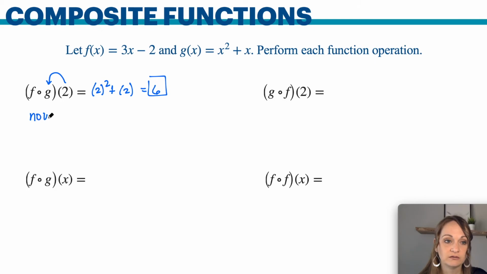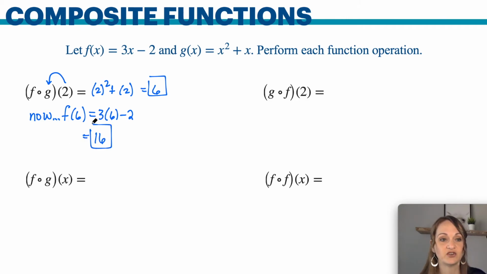So now, what is f of 6? Again, you're not doing f of 2, you're doing f of your output. You inputted the number 2 and you got 6. That is what gets put into f. So plug 6 into f: 3 times 6 is 18, and 18 minus 2 is 16. So that is your answer. f of g of 2 is the number 16.